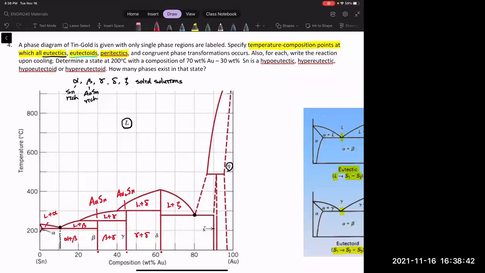All right. So do we have a situation where you have a eutectoid? Is there a solid solution becoming two different solid solutions? I'm trying to see if I made any mistake here. This is liquid plus beta. Yes, liquid plus this one here. Okay. All right, so let's see if we have any solid-to-solid in this case.